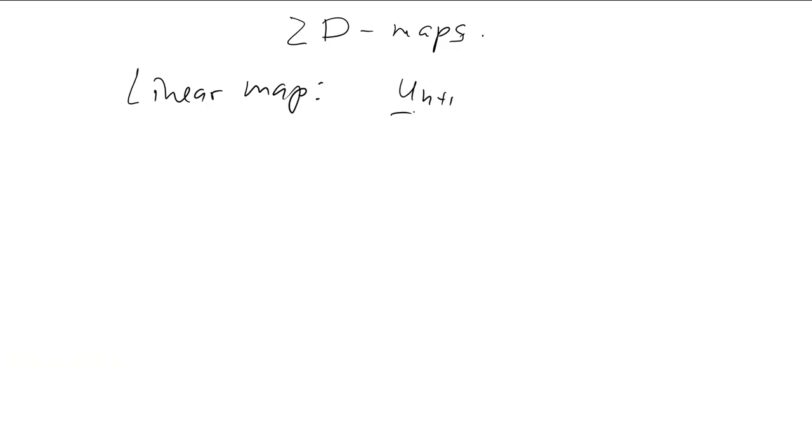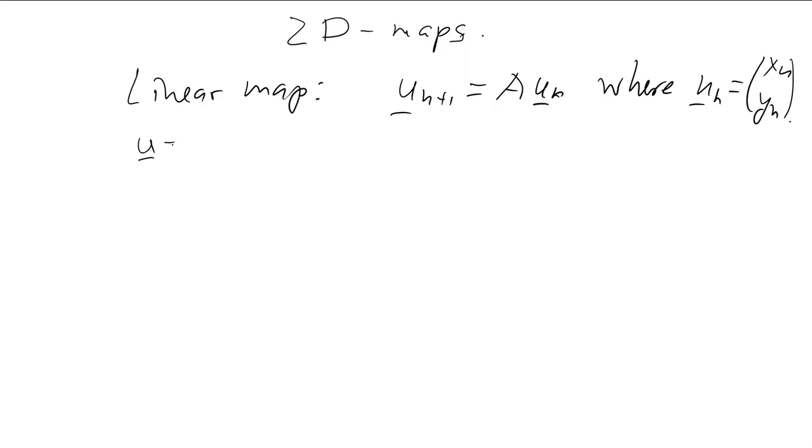u n plus 1 vector u equals matrix A times u n, where u n is a vector with components x n and y n. And here what we found is that a linear map has only one fixed point. We can easily find it: vector u equals A times vector u.